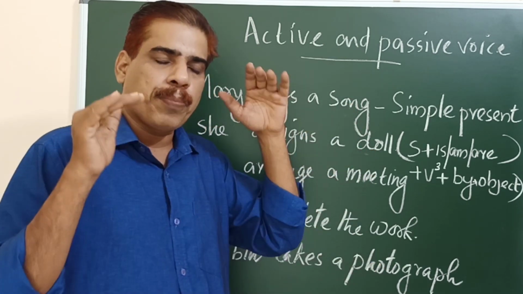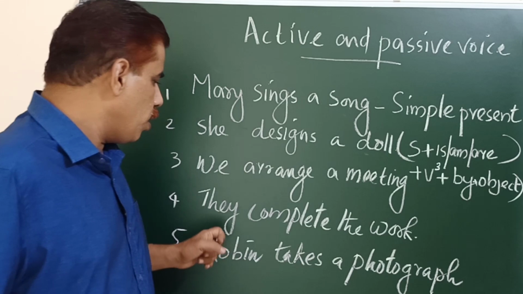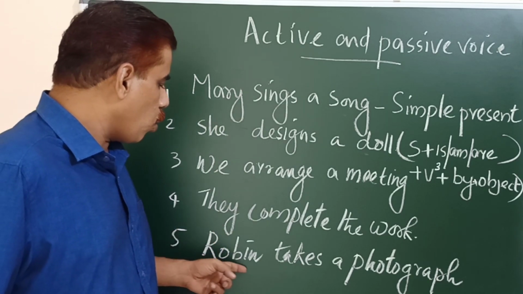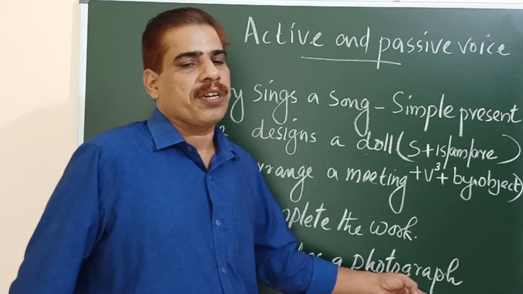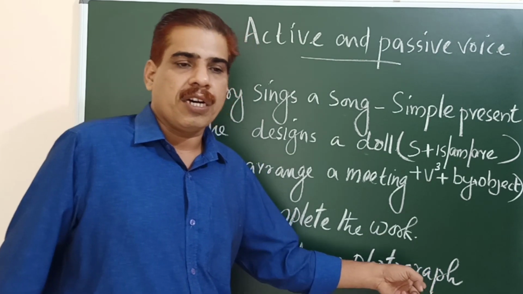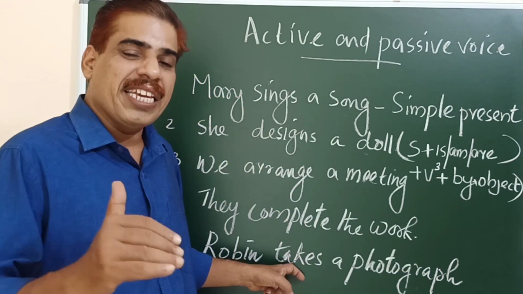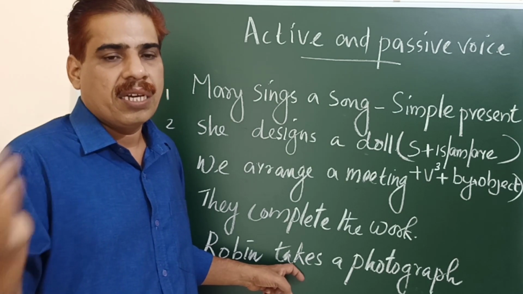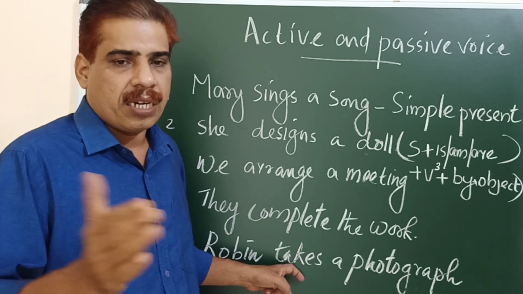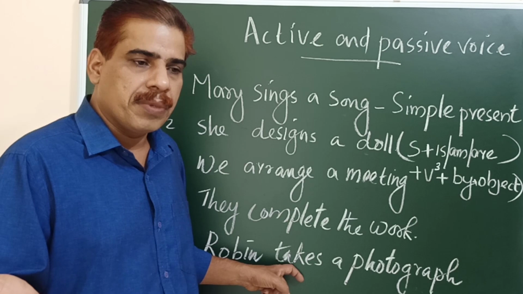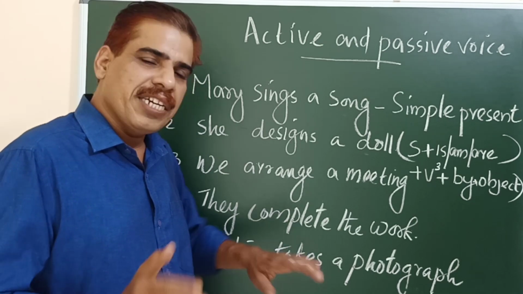But if a plural comes, I will tell you an example. Robin takes a photograph. A photograph is taken by, take, took, taken; write, wrote, written; come, came, come. But if it is ed, it is very simple.